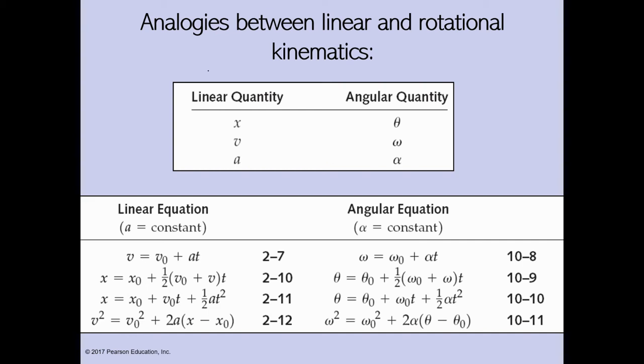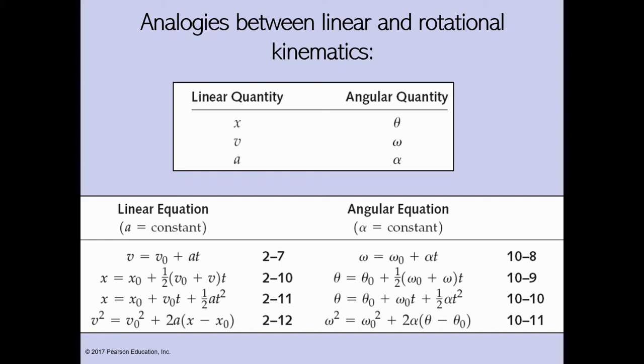Each of these rotational variables relates back to its linear motion counterpart. We have x and theta, so in linear notation we would be using x, and for angular it would be theta. The velocity for linear is just v, but in angular it is omega.